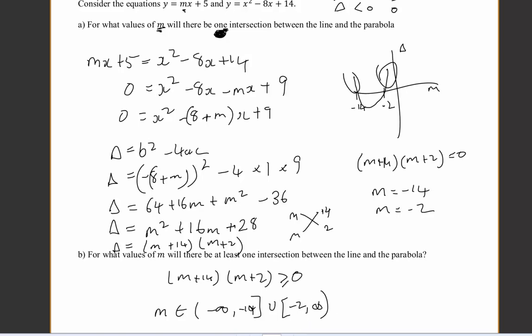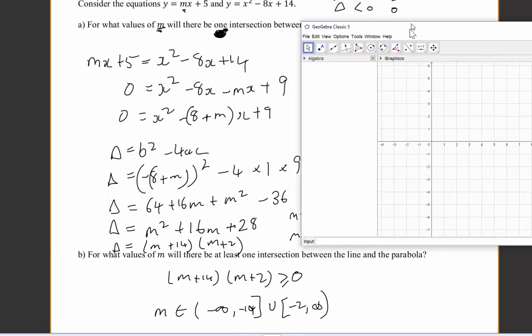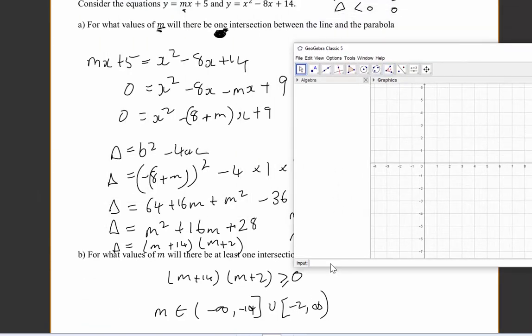Right, let's have a look at what that means. I'm just going to graph my two functions. This is y equals mx plus 5, and this is y equals x squared take 8x plus 14.